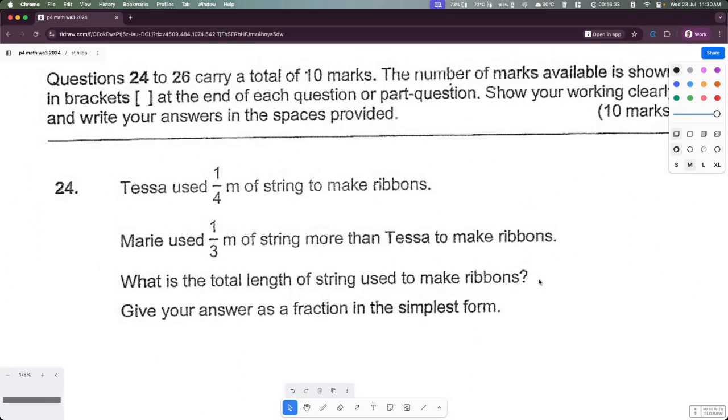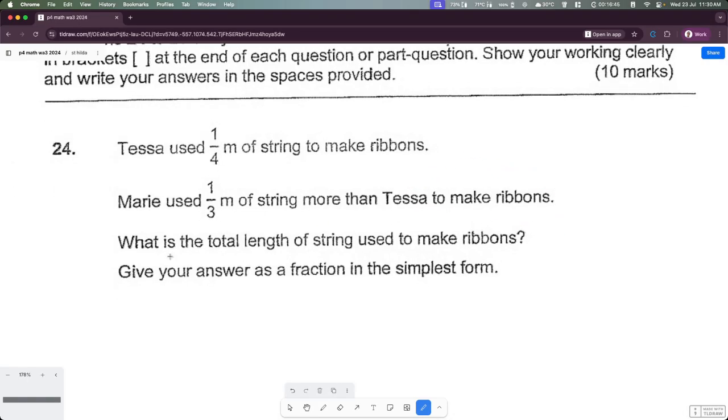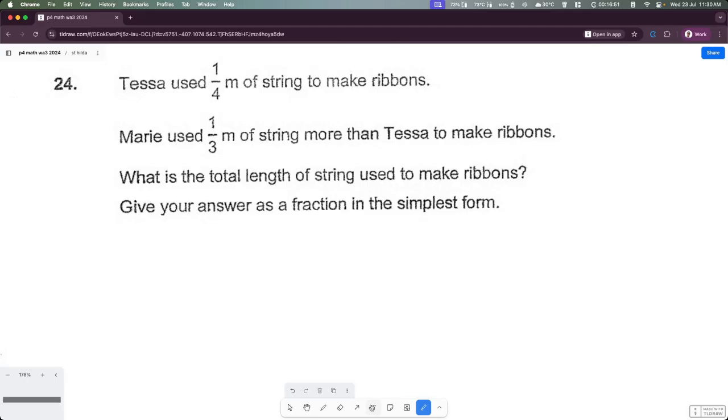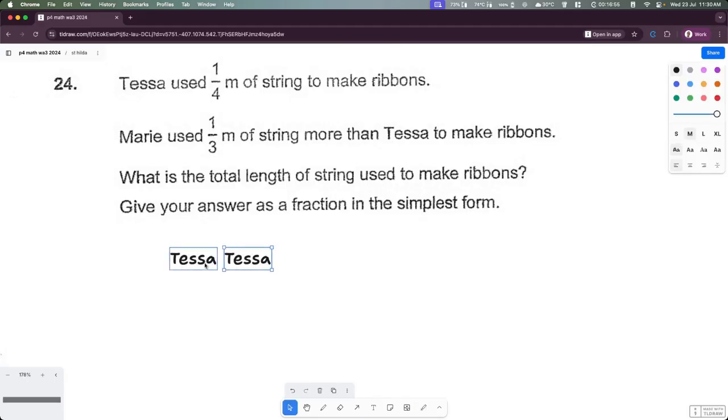Question 24. Right. So Tessa used 1/4 meters of string to make ribbons. Mary used 1/3 meters of string more than Tessa to make ribbons. What is the total length of string used to make ribbons? Okay, so if I were to visualize it using models, we have Tessa, and then we have Mary over here.